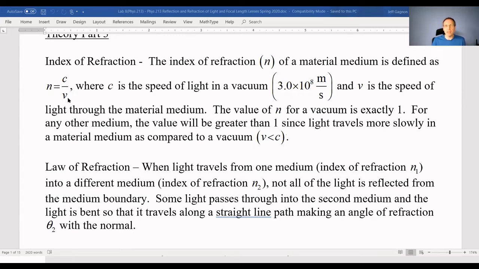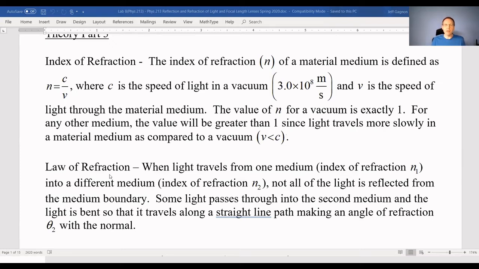But for anything else, even air, n is very close to 1 for air because v is very close to c in air, but it's slightly slower even when light is moving through air. So n is slightly greater than 1. But for other things like glass or water, we're going to find that n is larger. For glass, it's around 1.5. For water, it's around 1.33. Okay, so n is always greater than or equal to 1.